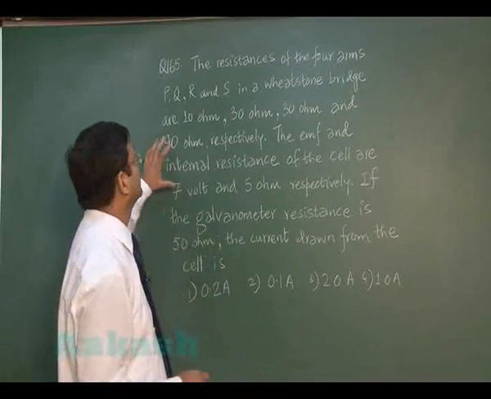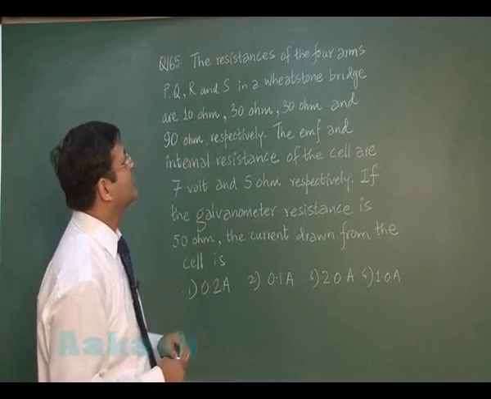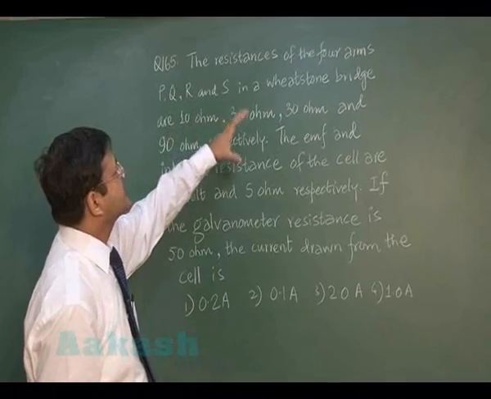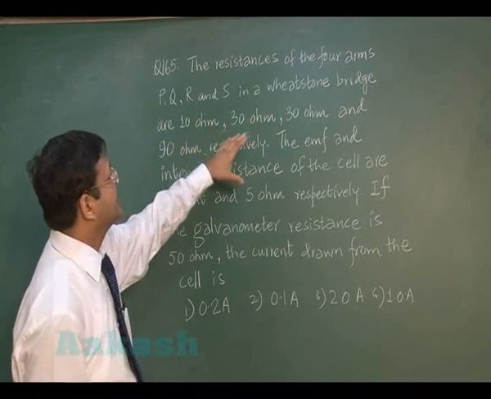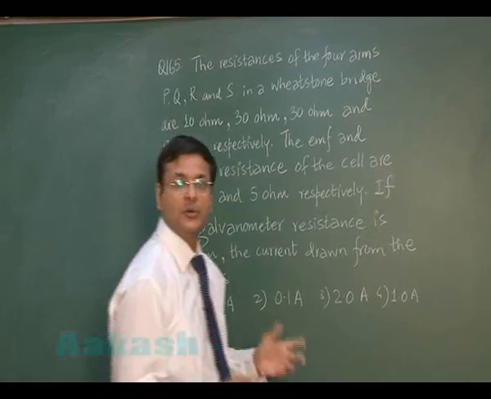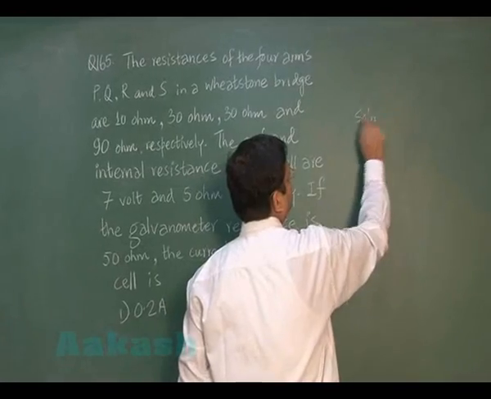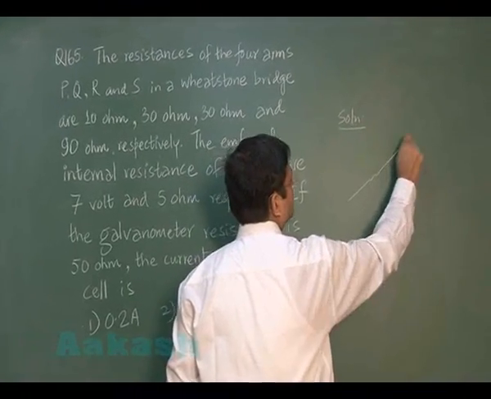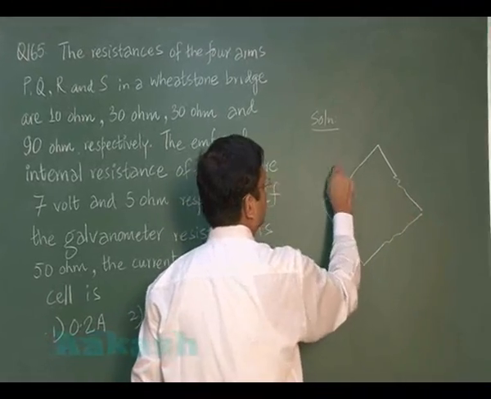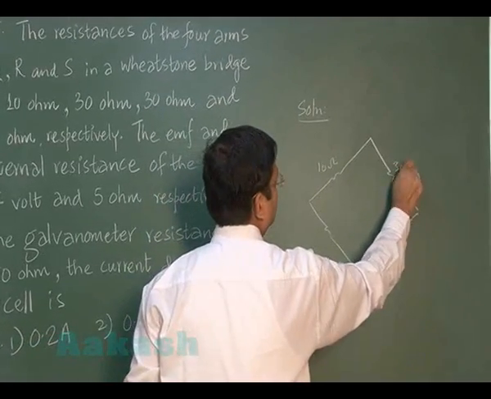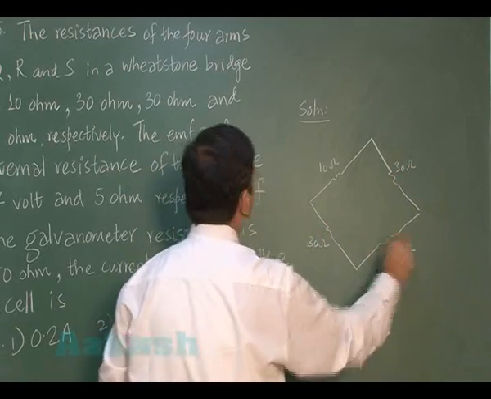In the next question 165, which is based on current electricity and that too the Wheatstone bridge, it says that the resistances of the 4 arms P, Q, R and S in a Wheatstone bridge are 10, 30, 30 and 90 ohm. So if you are looking at the solution of this particular Wheatstone bridge, you see here it is 10 ohm, 30 ohm, this is 30 ohm and 90 ohm that has been given to you.